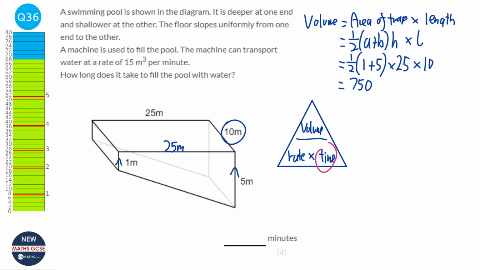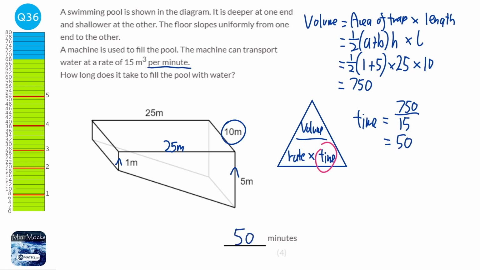So we're actually looking at the time. So it will be time equals the volume, which is 750, over the rate, which is 15. So 750 divided by 15 is 50. So it will take 50, and let's have a look. It says per minute. So it would be 50 minutes.